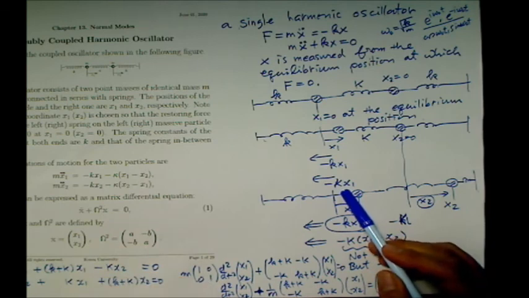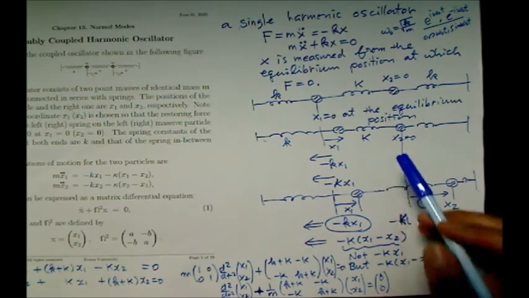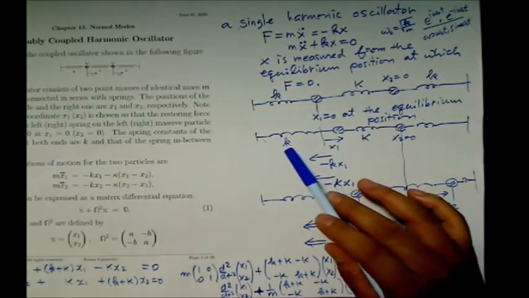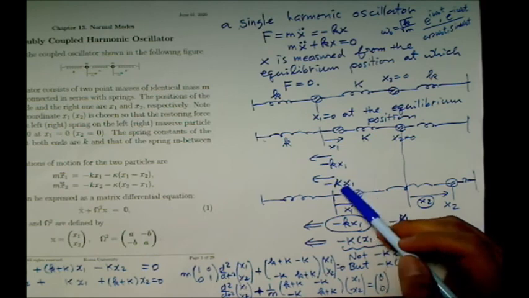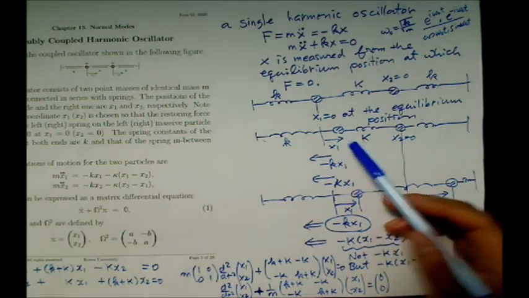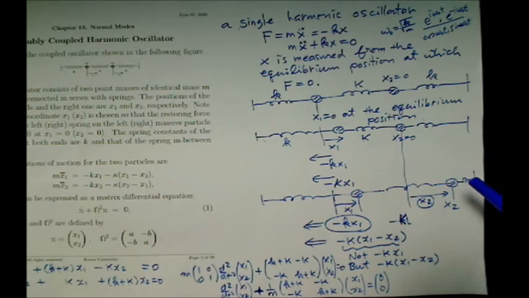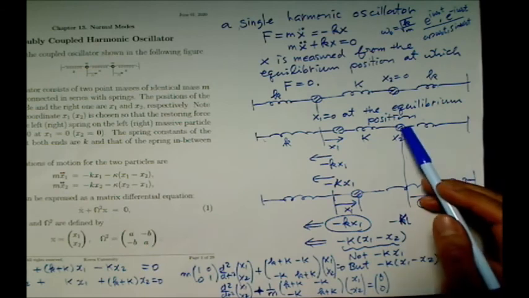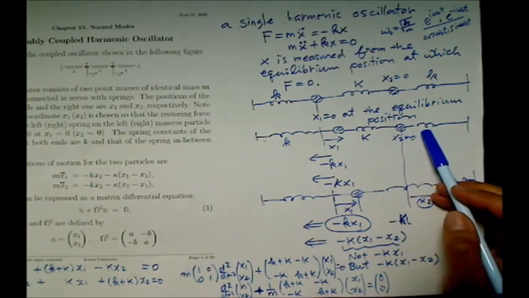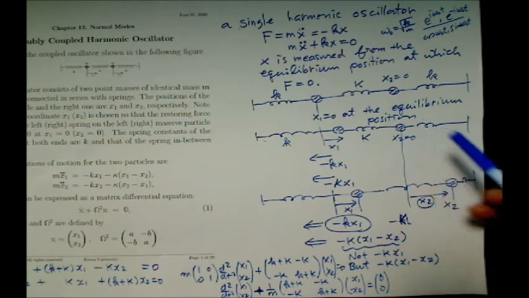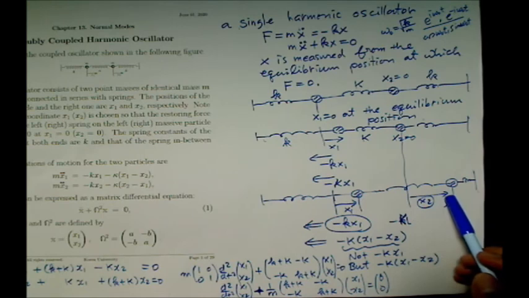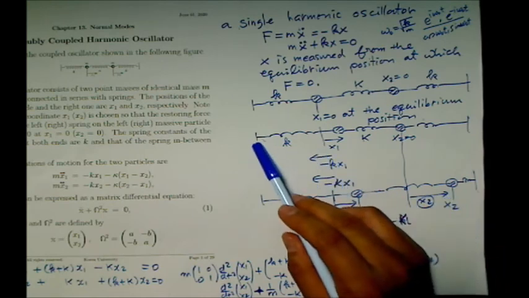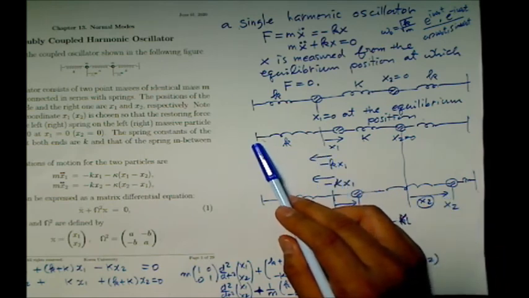So we have an additive contribution of k and kappa for the displacement x1. But what about the case when x2 is also shifted? The origin has been shifted by x2 and the left hand is fixed.